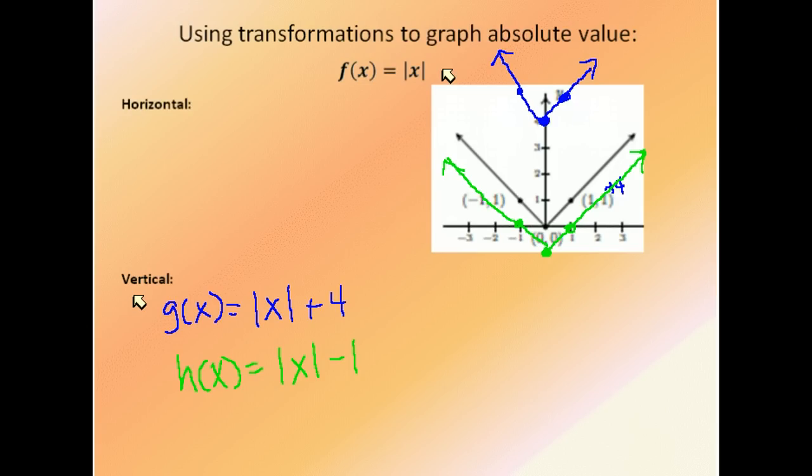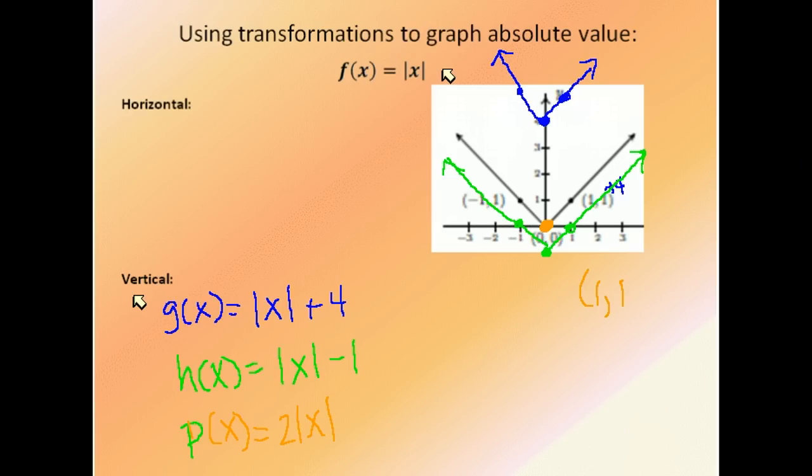Another thing that can happen is, let's call this one p of x. We'll make it red. Let's say we have 2 multiplied in front of the absolute value. What that's going to do, again, is outside, so it's going to change my y values. It's going to multiply each y value by 2. It's going to make it 2 times as steep. So this point 0, 0 is not going to change because 0 times 2 is still 0.